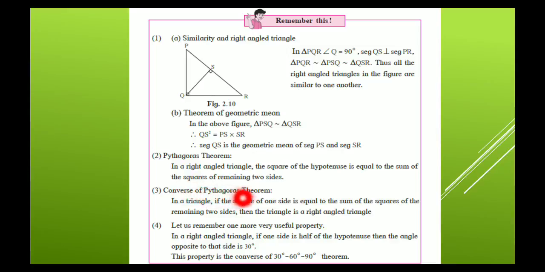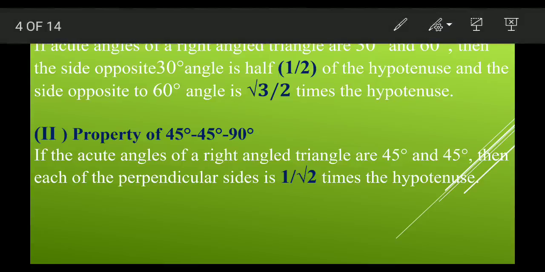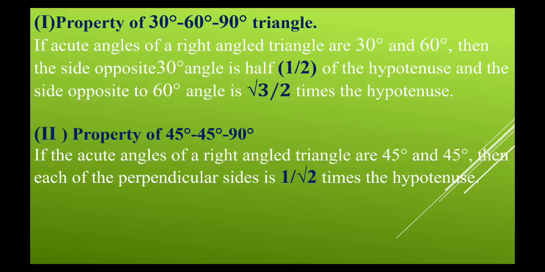Let us remember one more very useful property, that is, in a right angle triangle, if one of the sides is half of the hypotenuse, then the angle opposite to that side is 30 degree. This property is the converse of the 30, 60, 90 theorem. Now let us learn an important property of the 30, 60, 90 triangle.